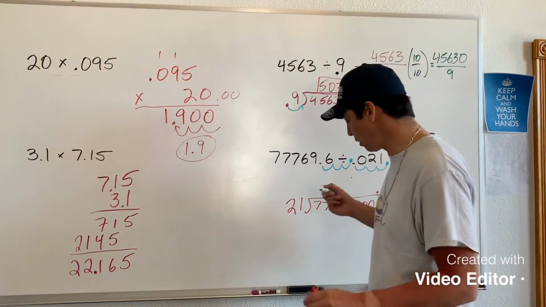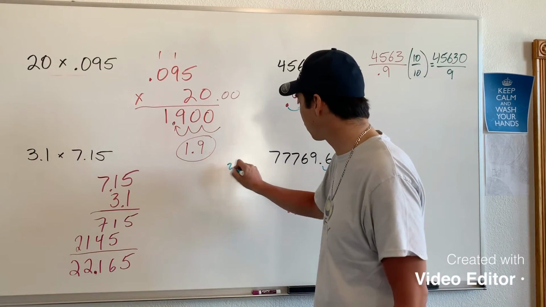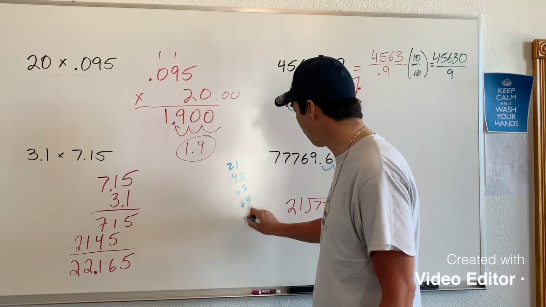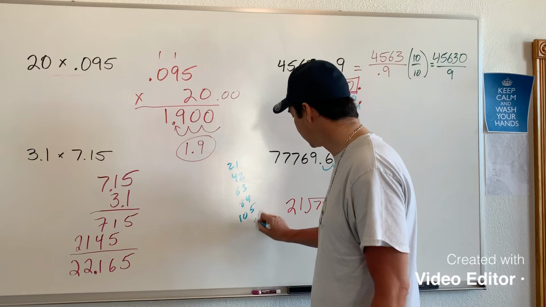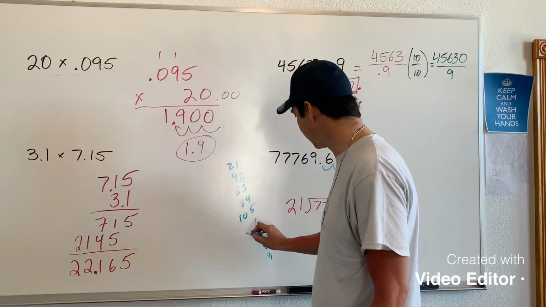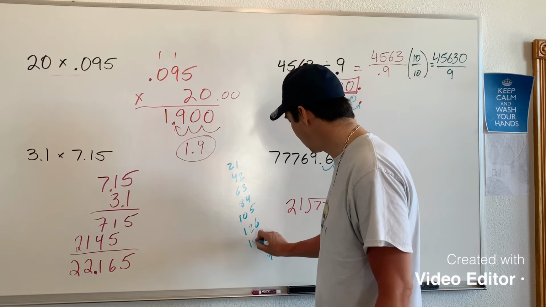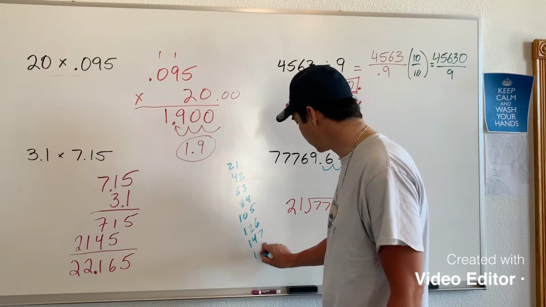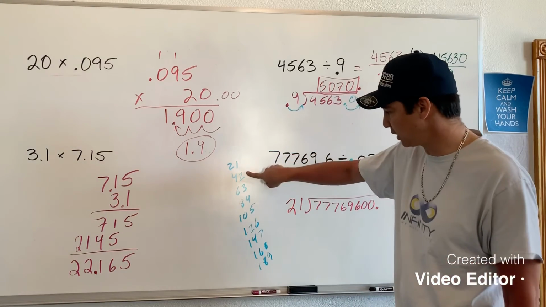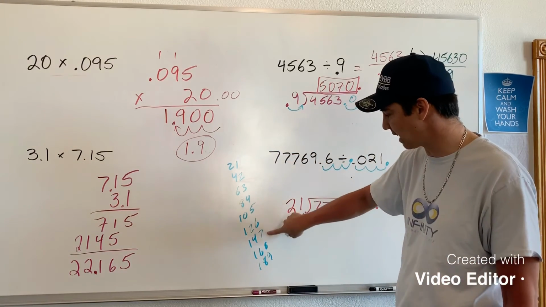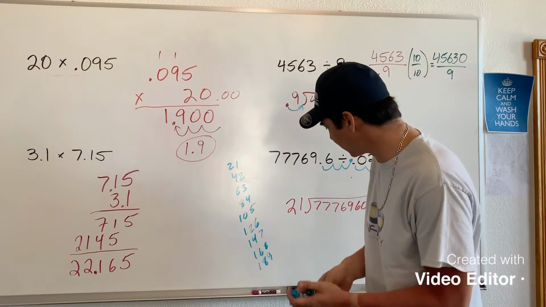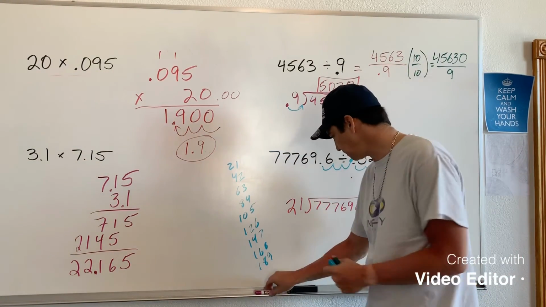But what I would do is I would jot down the multiples. 21, 42, 63, 84, 105, 126, 147, 168, and 189. 21 times 1, 2, 3, 4, 5, 6, 7, 8, and 9. And that's going to be all the hard work that I have to do.